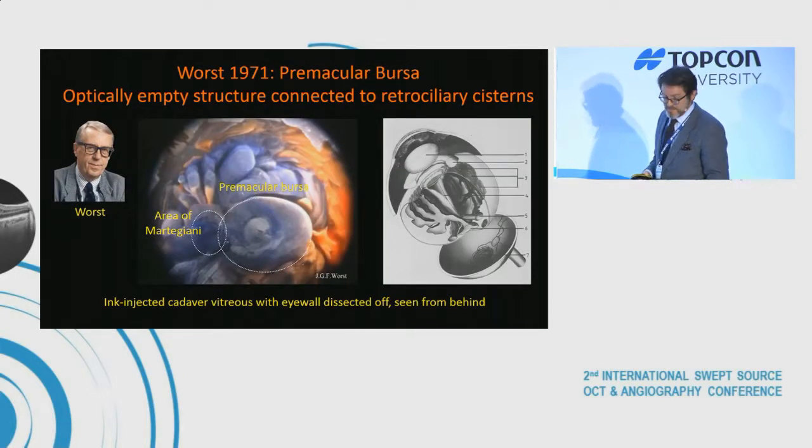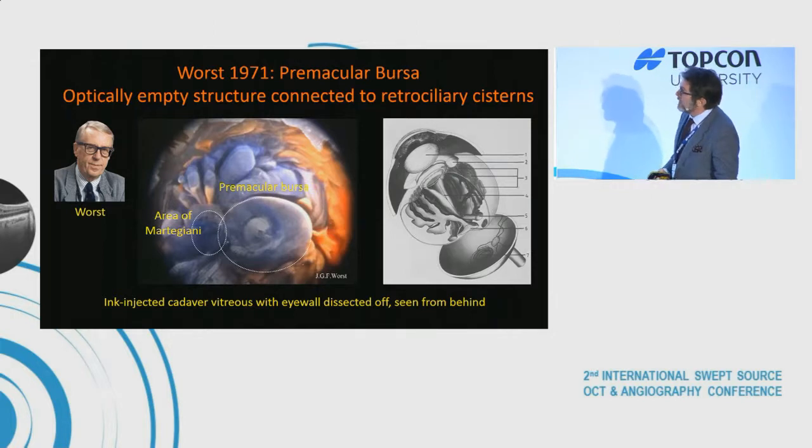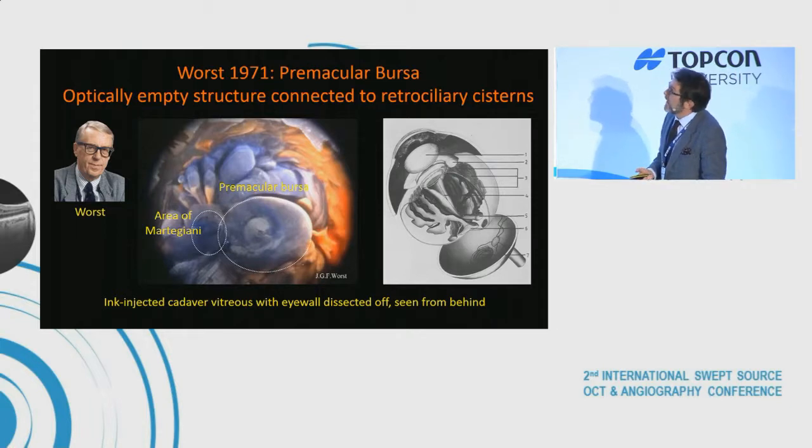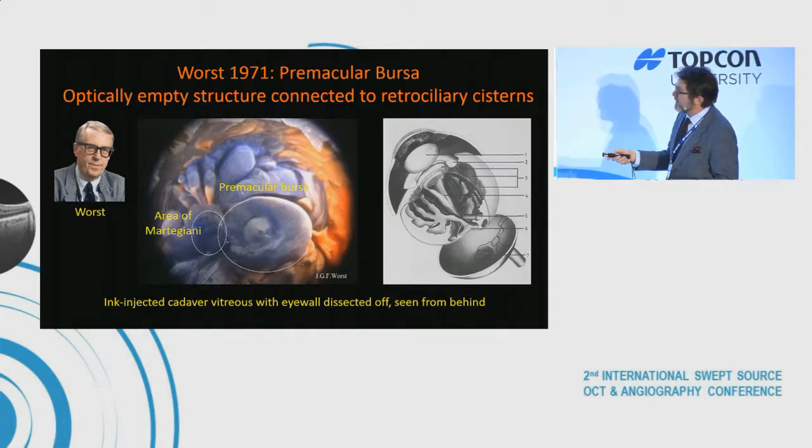This is work based on a fascination I've had with the vitreous since I was in medical school, and the first work that I saw was by Jan Wurst. In 1971, he described the premacular bursa as an empty structure overlying the posterior macula. Here you see this in a cadaver eye seen from the back, right next to the area of Martegiani.